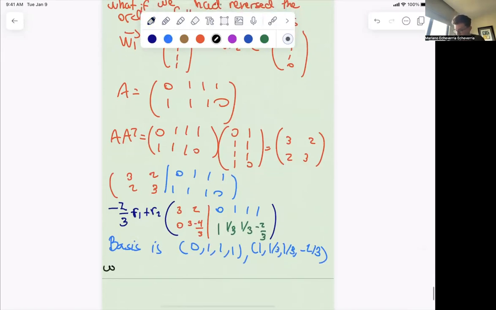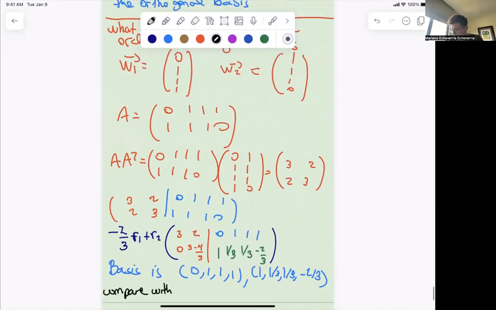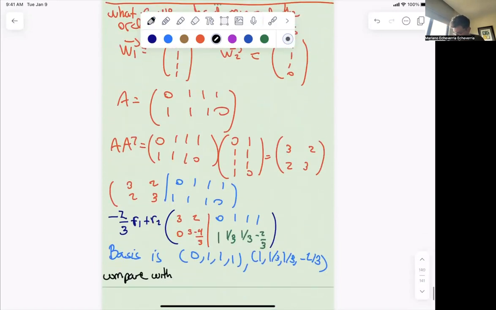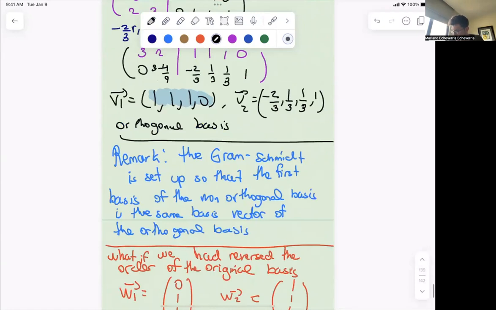And so compare this with the other one we had found, the original one, which was 1, 1, 1, 0 and minus 2/3, 1/3, 1/3, 1.